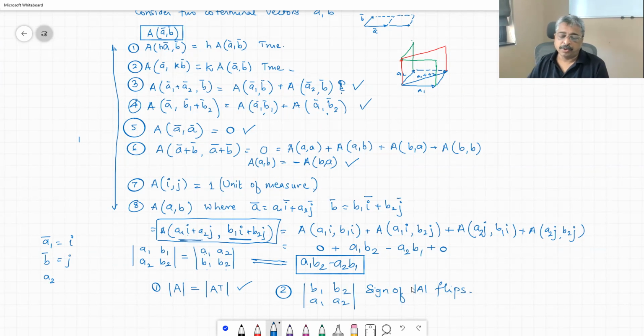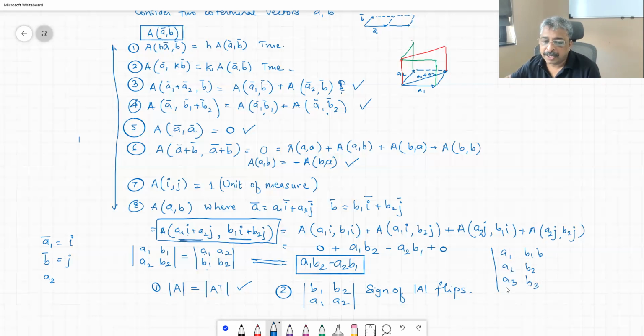Now if you do it again, if it is 3 by 3, say for example A1, A2, A3, B1, B2, B3, and C1, C2, C3. And if you do it 2 times, per flip of row or column, it will change a sign.